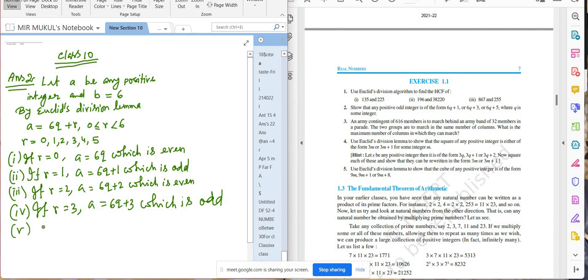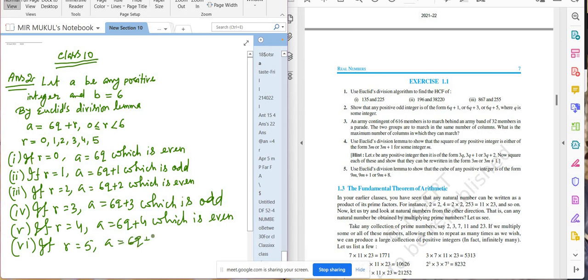Fifth, if r equals 4, then a equals 6q plus 4, which is even. And sixth, if r equals 5, then a equals 6q plus 5, which is odd.